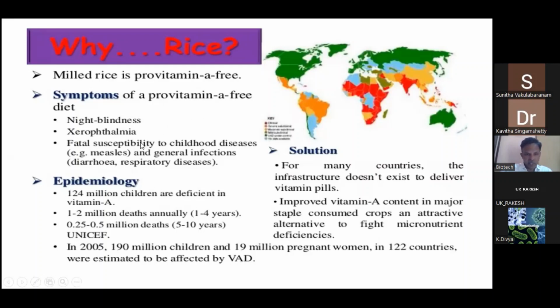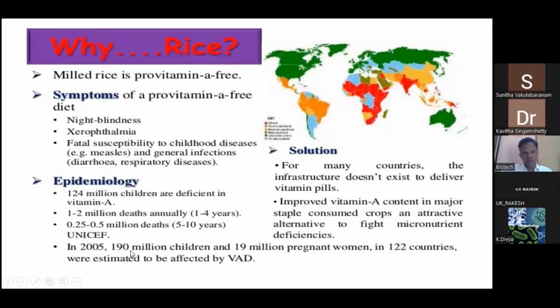As a result of this, 124 million children are deficient in vitamin A. Annually, among children of the age group of 1 to 4 years, about 1 to 2 million children die every year. And at 5 to 10 years, 0.25 to 0.5 million deaths in children occur.